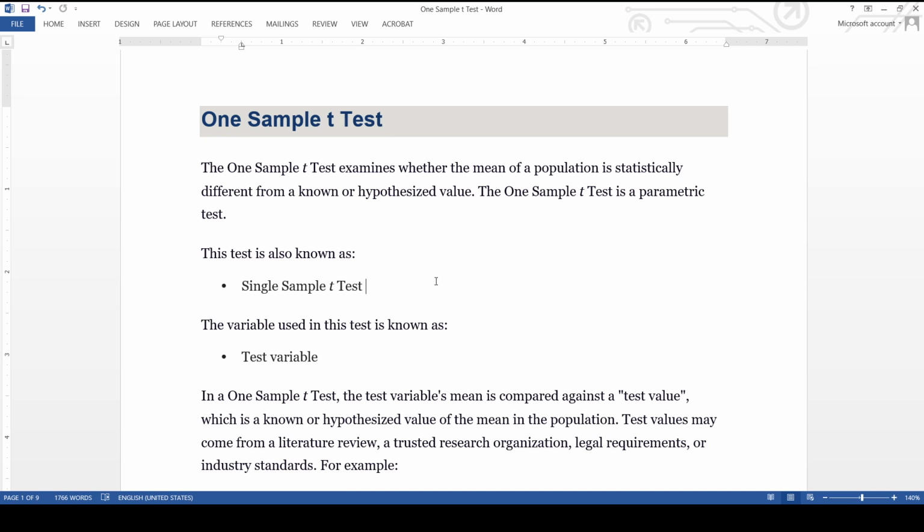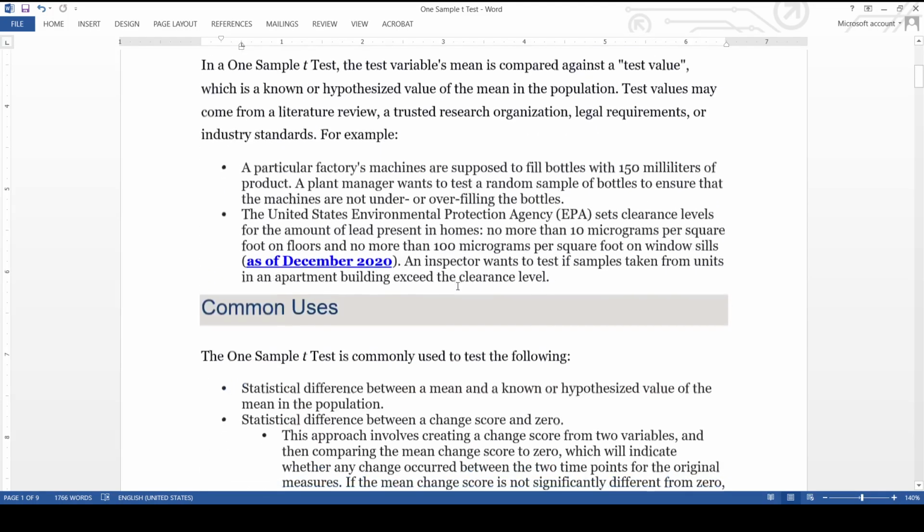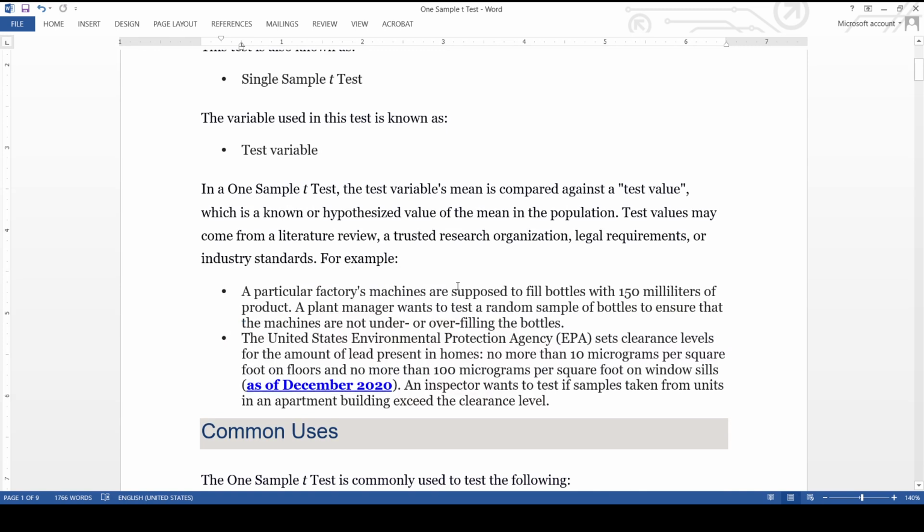The variable used in this test is a test variable. Now let's look further at some conditions. We use the t-test variable mean to compare with a test value, which is the hypothesized value of the mean in a population.